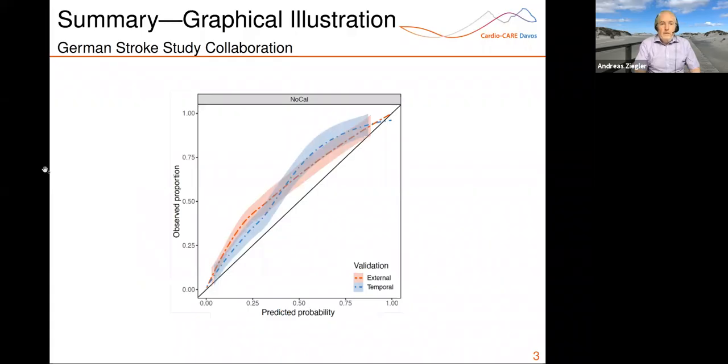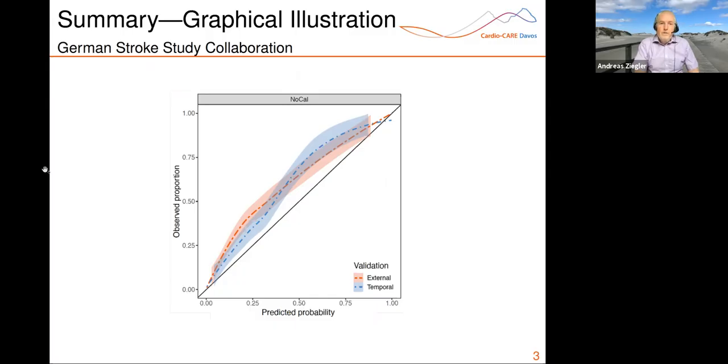This figure here should illustrate the main problem. This is from an illustration I will show later in some detail. What you can see here is a predicted probability on the x-axis and an observed proportion on the y-axis. If you have observations, then they should just be on this diagonal line, the solid black line that you can clearly see.